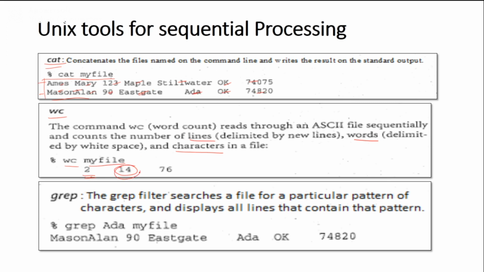So 14 words are there, and then the number of characters in the file. The total number of characters is calculated and displayed. This is the job the wc command does.